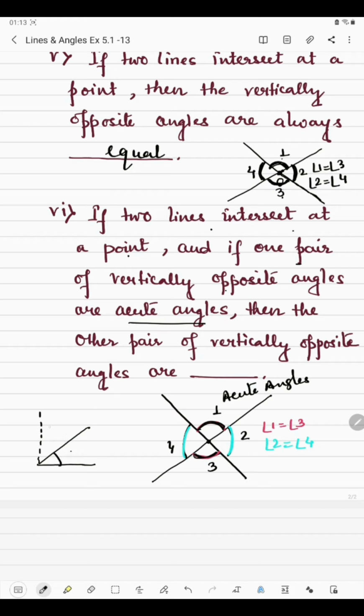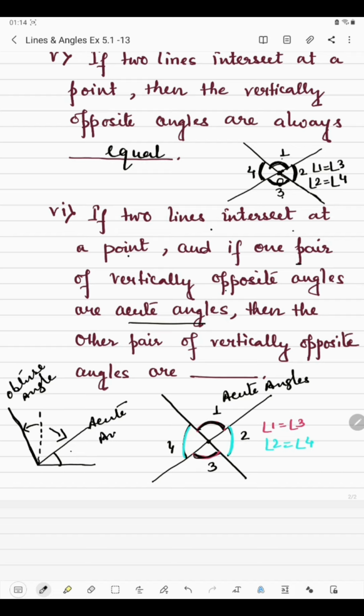If any angle is more than 90 degree, then it is said to be obtuse angle, and if any angle is less than 90 degree, then it is said to be acute angle.